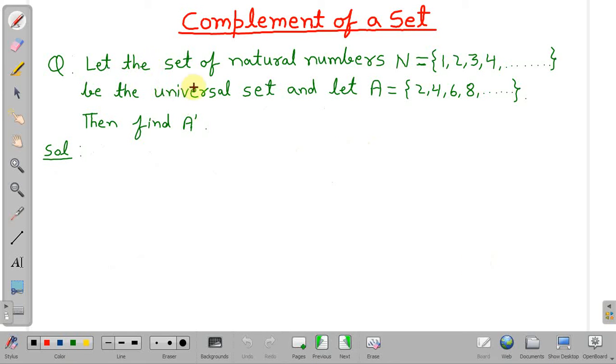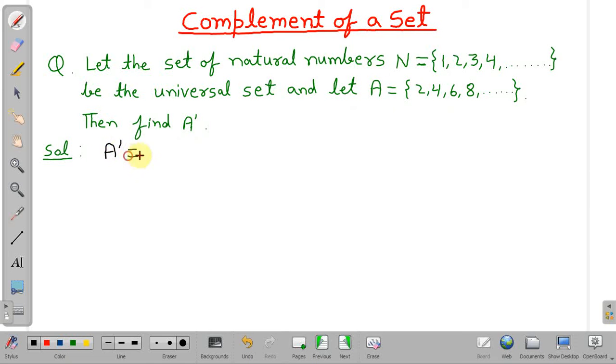Suppose the universal set is given as the set of natural numbers, that is N equal to 1, 2, 3, 4, and so on. And set A is the set of all even numbers, that is 2, 4, 6, 8. So we have to find A dash. What will be A dash?